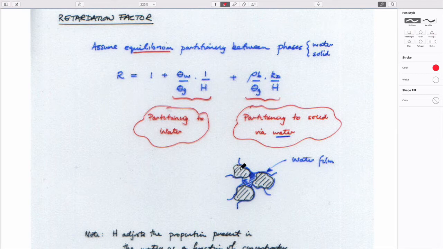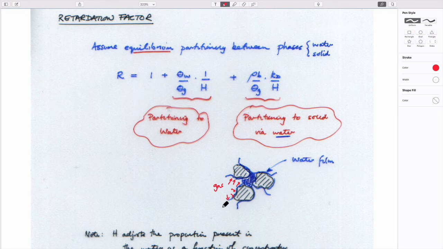If you add water, you know that you're going to surround the grains with this monolayer of water, which is here. And also some of the pore space will get filled in.